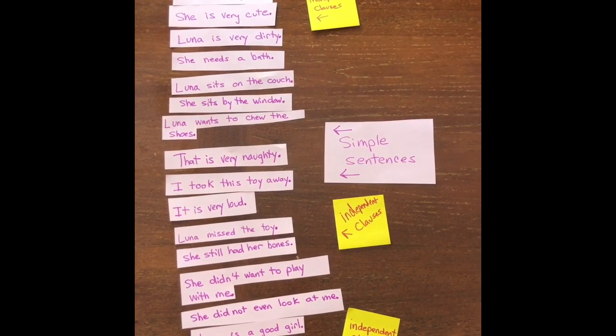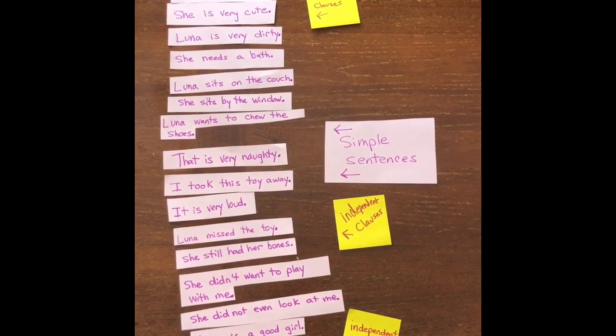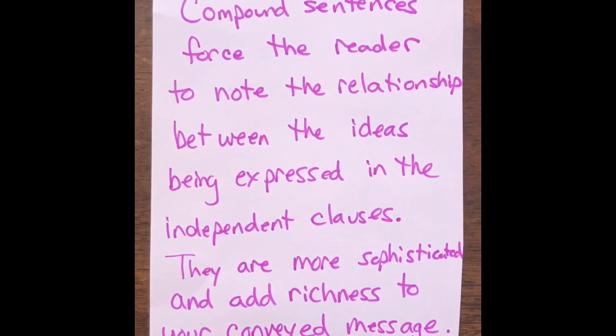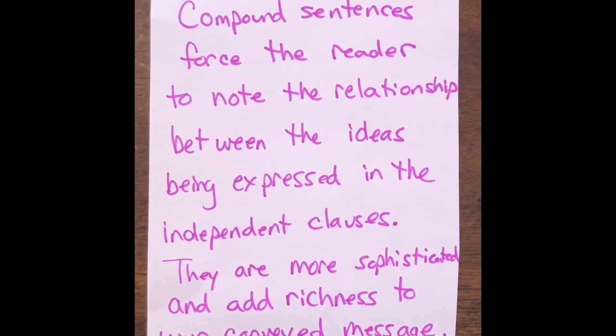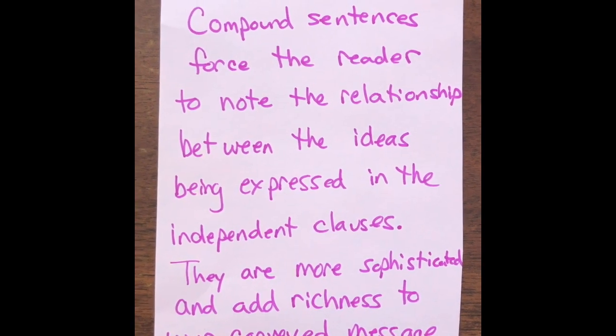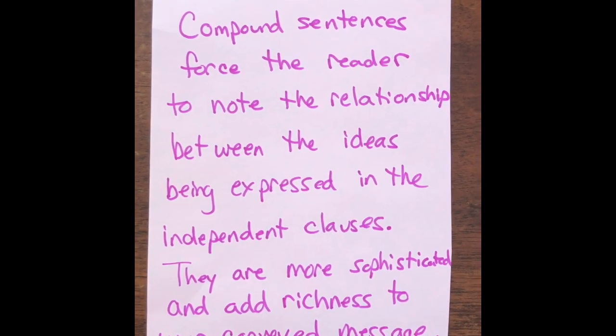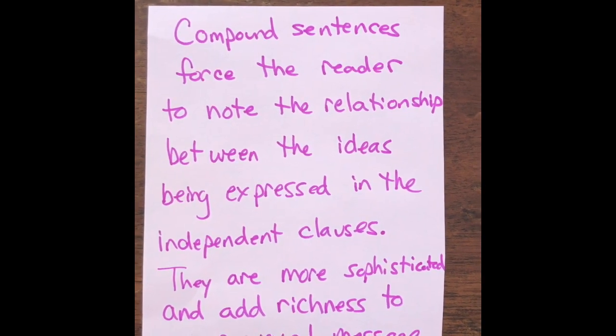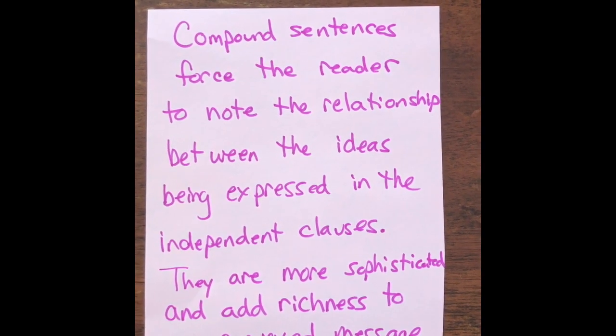And that is one of the reasons why we make compound sentences. Compound sentences force your reader to note the relationship between the ideas being expressed in your independent clauses. They're more sophisticated and they add a richness to your overall conveyed message.